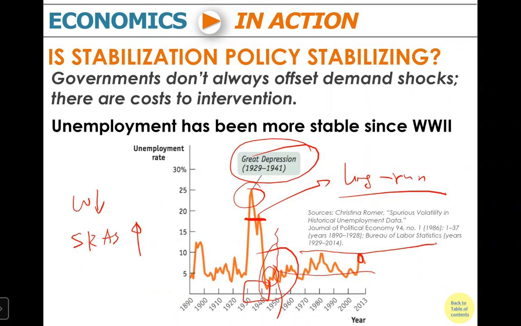Like 2020, you had a sudden spike in the unemployment rate, but it declined very sharply, largely because the government stepped in, largely because of the stabilization policy. But all in all, we must thank John Maynard Keynes for first discovering the secret of the macroeconomy.